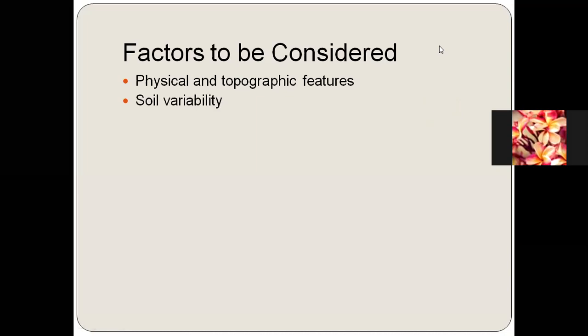The other feature is soil variability. Soil varies from place to place, isn't it? For people majoring in soil science, I'm taking two places, A and B. The distance is just 20 meters.